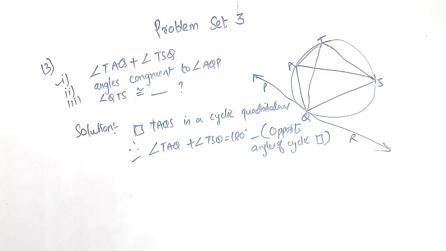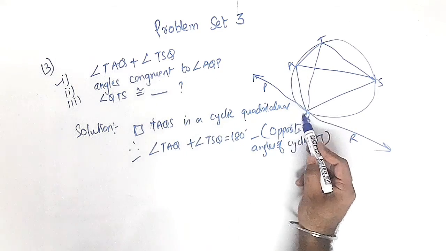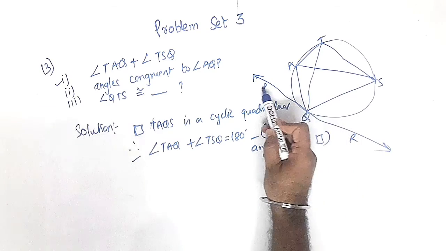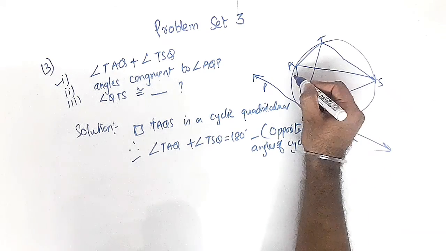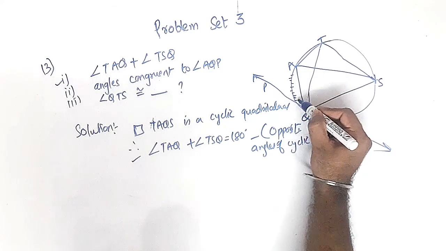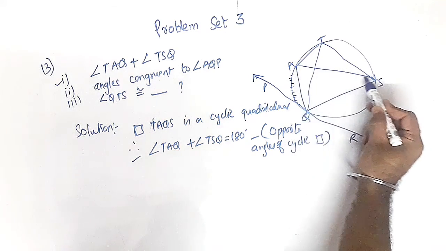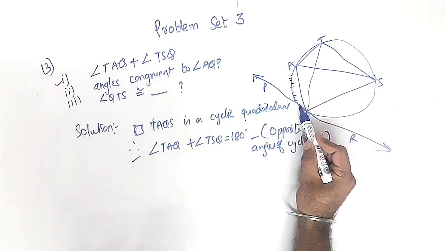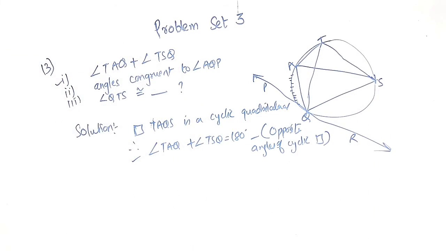Coming to second one, we are asked to find angles congruent to angle AQP. See, AQP, it is intercepting which arc? This arc. So the angles that are intercepting the same arc are ASQ. You can see ASQ is also intercepting the same arc, and ATQ is also intercepting the same arc.